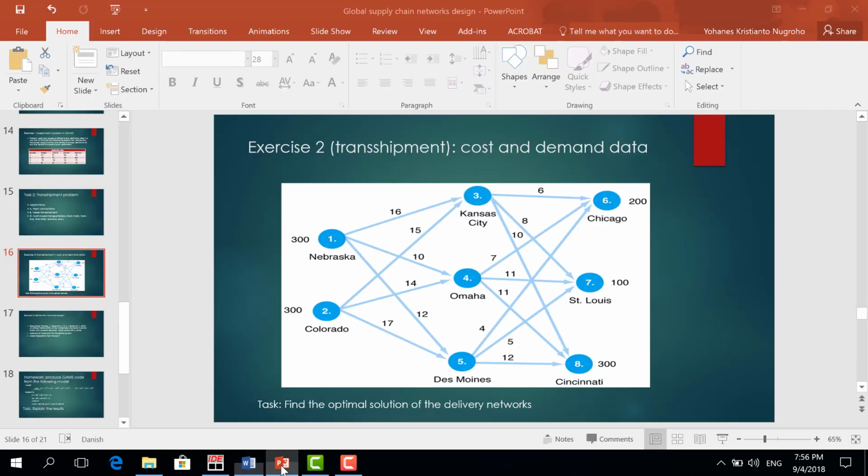Here, for instance, in order to satisfy demand at Chicago, you could combine supply from Kansas and Omaha. It is not a big problem and even not a problem at all. The main thing is that the demand at Chicago or St. Louis or Cincinnati are satisfied 100%.